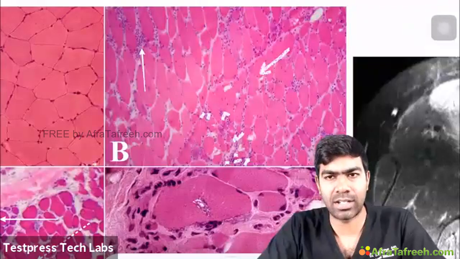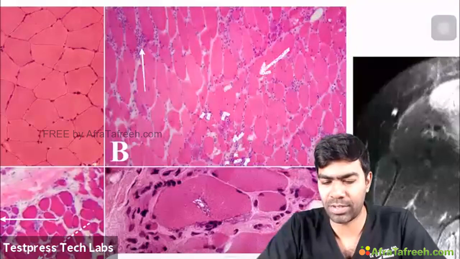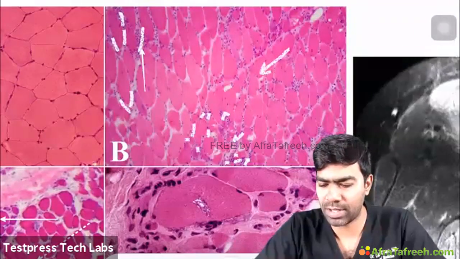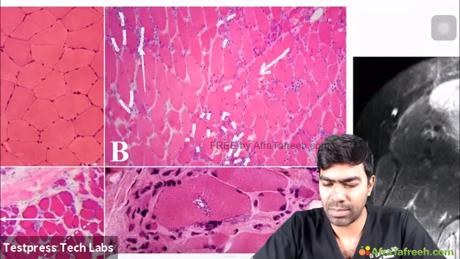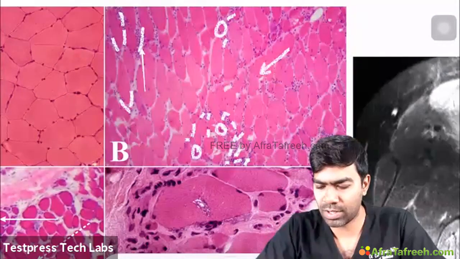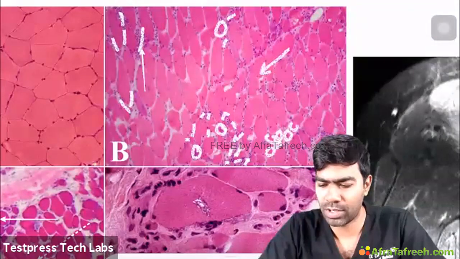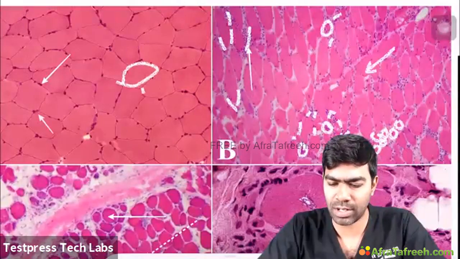This is characteristic of polymyositis, because I'm not seeing any preference over here. I'm seeing inflammation in all the areas in between the muscle fascicles, everywhere. But wherever there is significant inflammation, you can see the muscle fibers going for atrophy. There are smaller fibers over here, so this is atrophy basically. These fibers have already gone for atrophy. But if you compare with this, you can see how nice and uniform these fibers are.